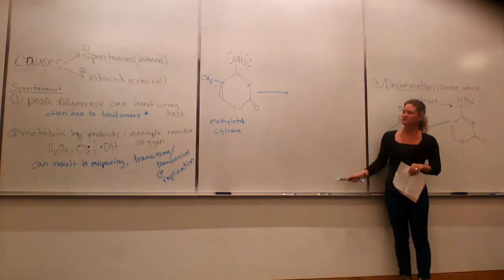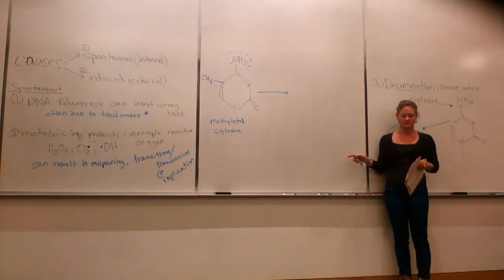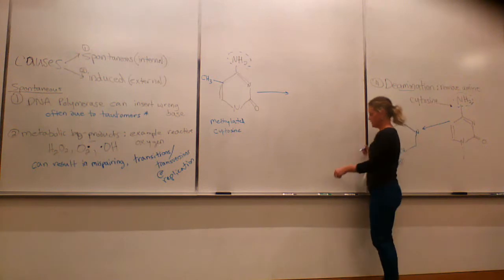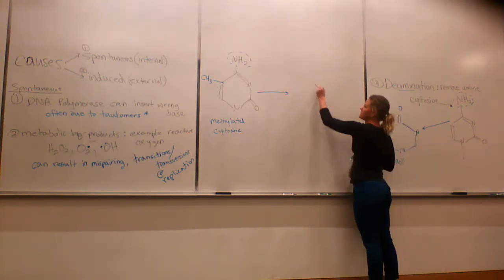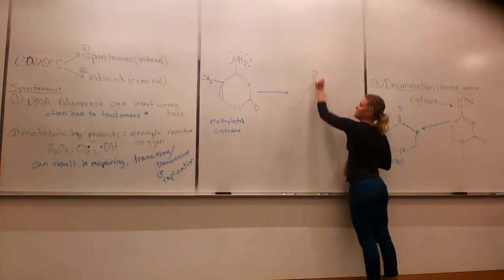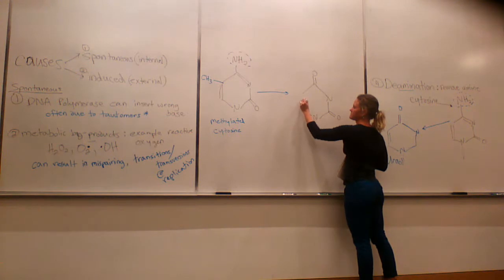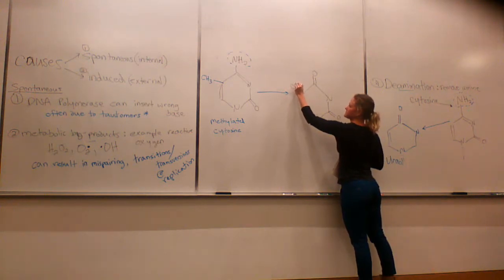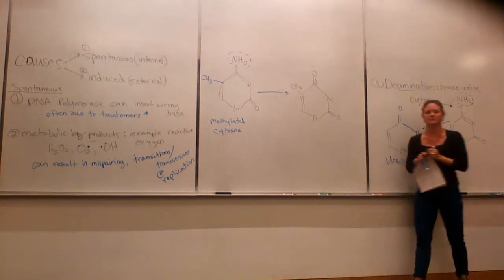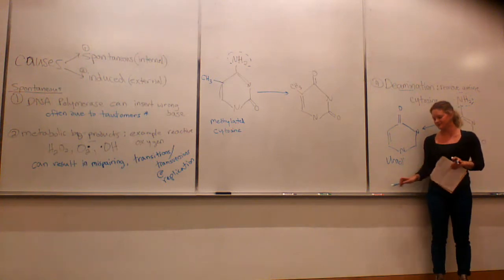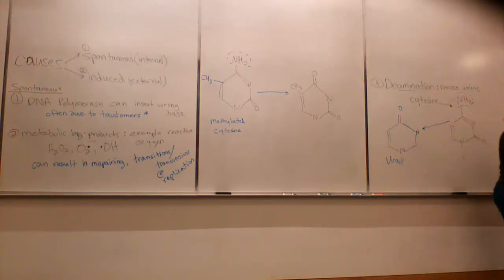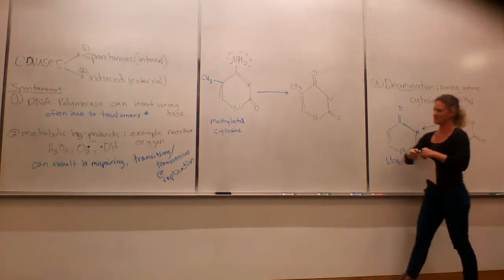So if methylated cytosine then gets deaminated, we end up with our product here having an oxygen. Now what does it look like? See, do you have all these memorized? You know exactly. The base that has 2 oxygens hanging off of it and a methyl group.